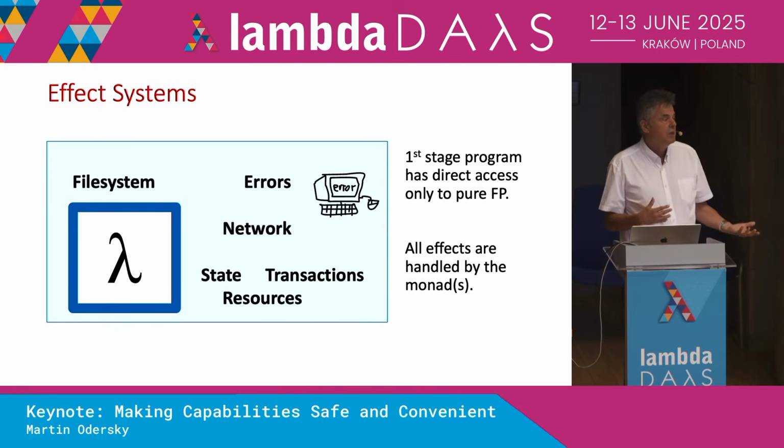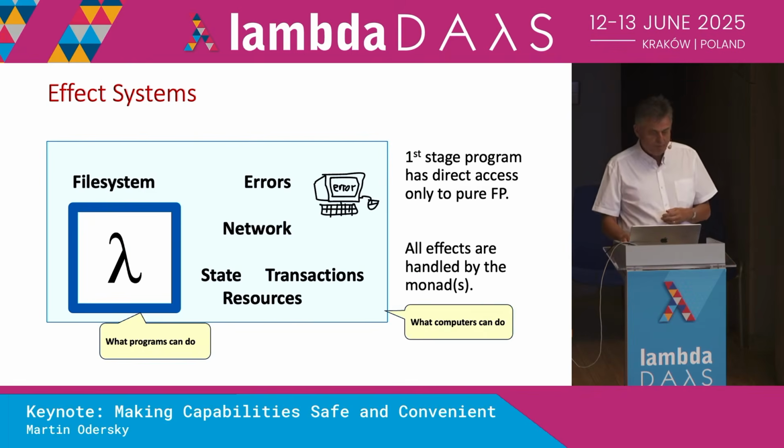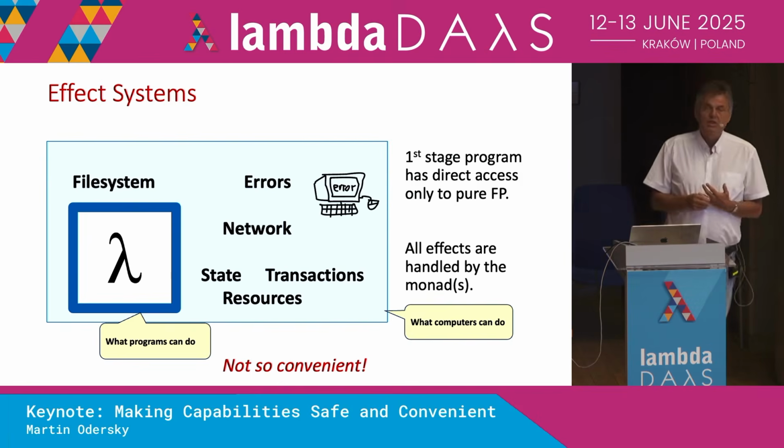The first stage is a pure functional program that produces the second stage that handles the effects. So what programs can do is in the white box, and what computers can do is in the light blue box, and what computers can do is much larger. So that's the current approach when you use a monadic effect system, like in Scala, Cats Effect, or ZIO, or a system like that. The problem with that is that it's not so convenient.